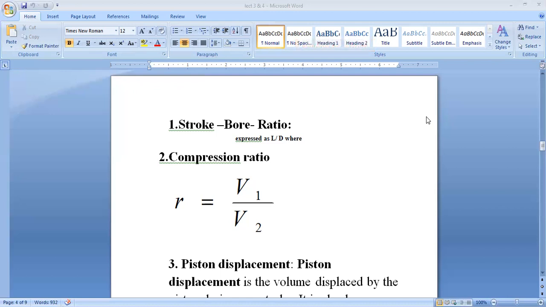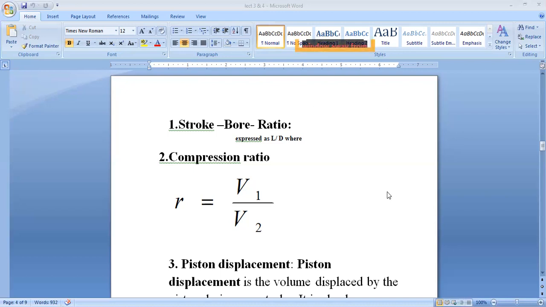There is a gap between the top dead center and the cylinder head. That is the clearance volume. And V1 is the total volume, meaning the volume created inside the cylinder when the piston moves to the bottom dead center. So V1 is the total volume and V2 is the clearance volume.